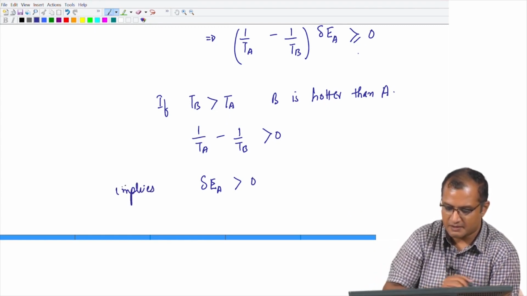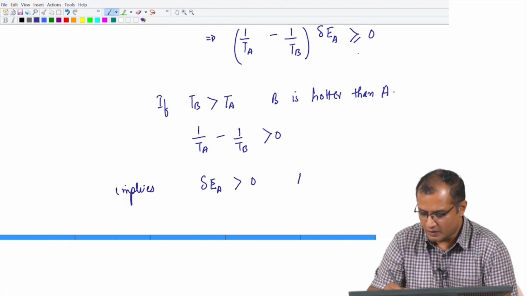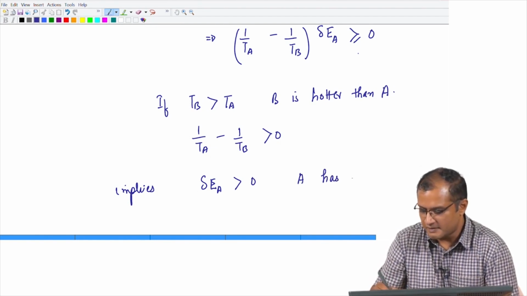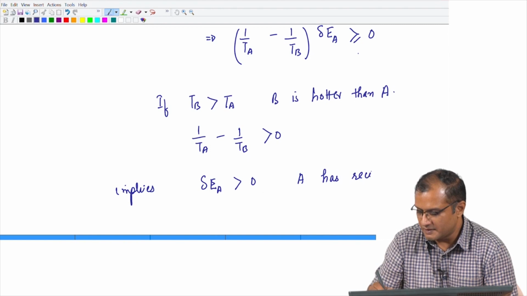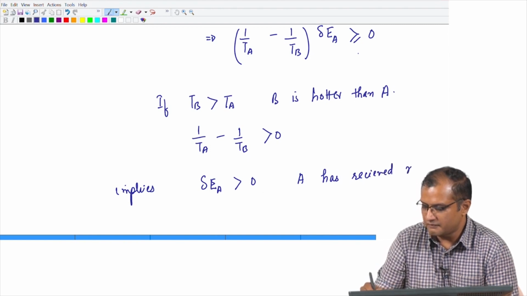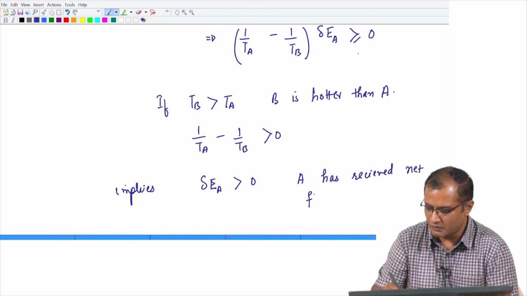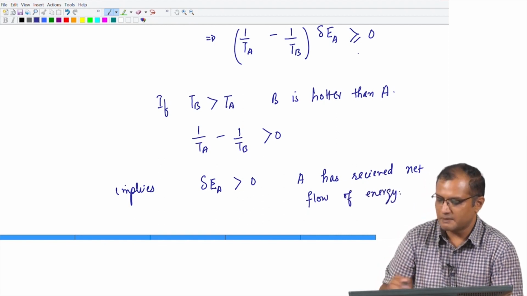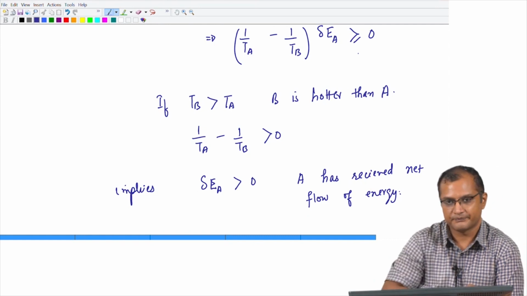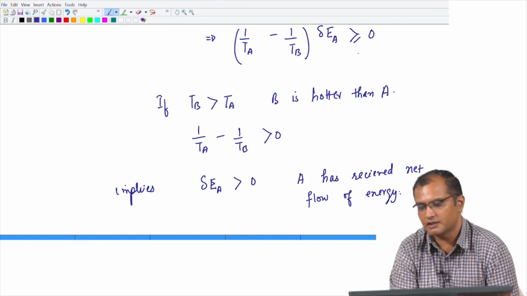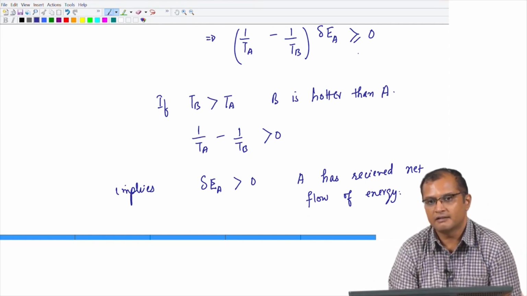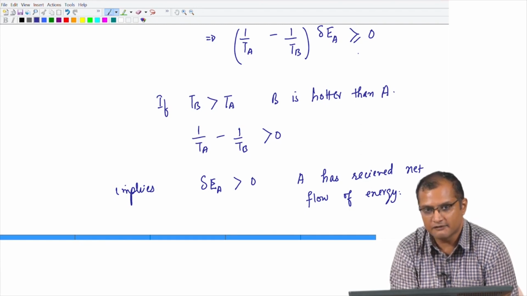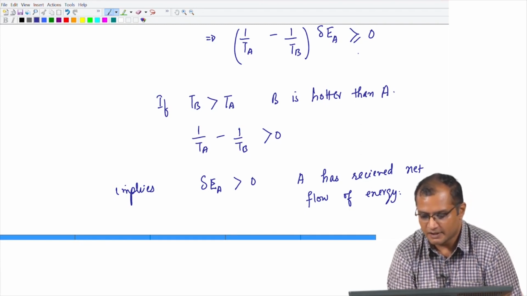Now, what does this mean? Which means your object A has received a net flow of energy, which is expected because B was hotter than A. You cannot have a hot body taking a net flow of energy from a cooler body, that is not possible.